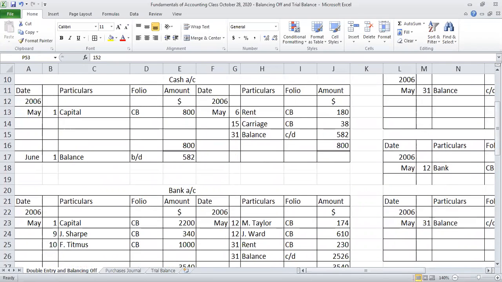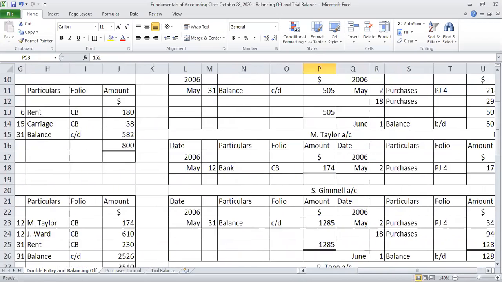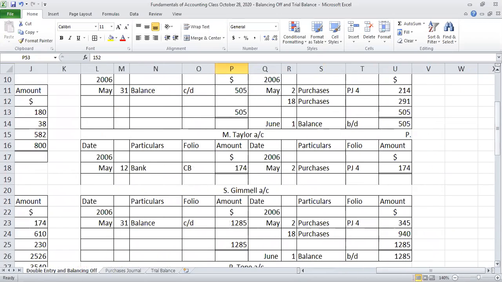All right, so we'll finish with that section. We're going to go to the purchase ledger now to put in our creditors.